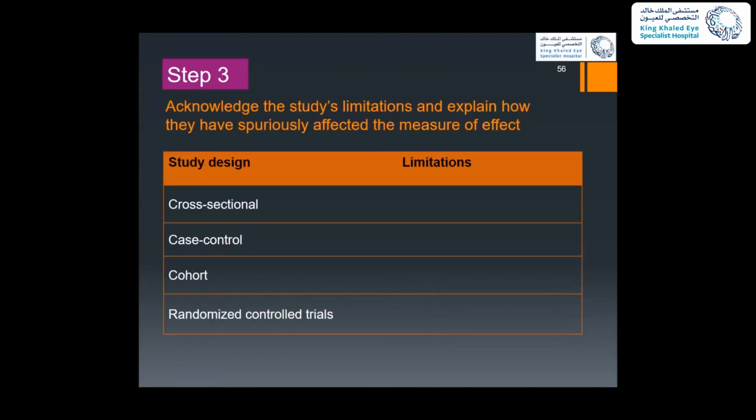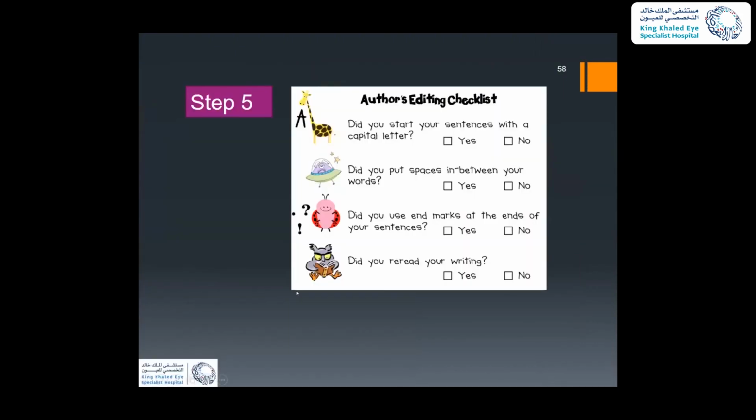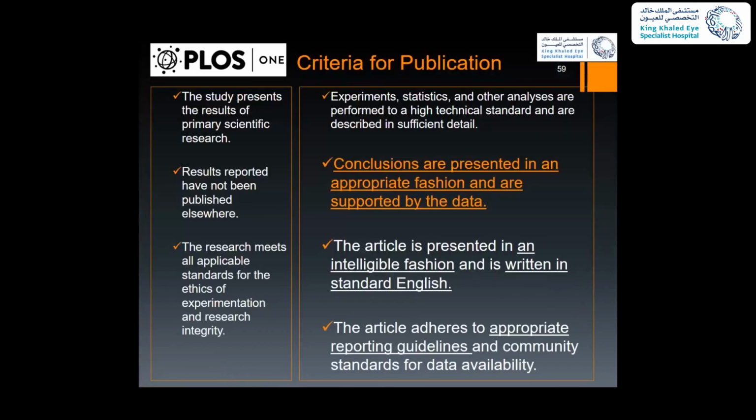Acknowledge the study limitations. For example, in a cross-sectional study, lack of evidence of temporal association is the common limitation. Case-control studies have other limitations. Follow-up is a common limitation, loss to follow-up in cohort studies and randomized trials. And pay attention to caps, sentence structure, exclamation marks, and writing style, small things.